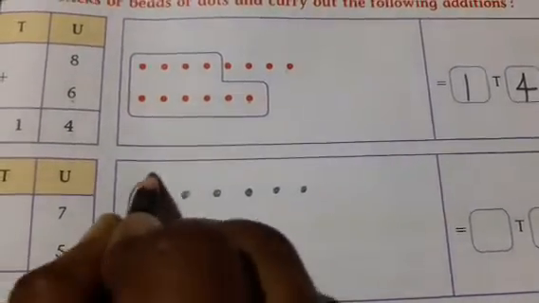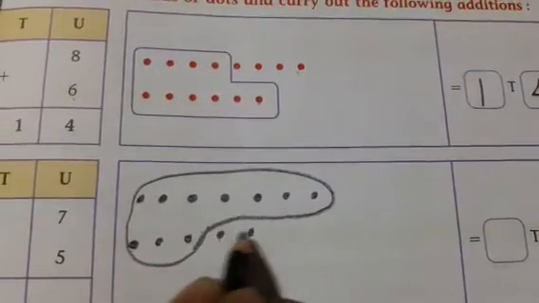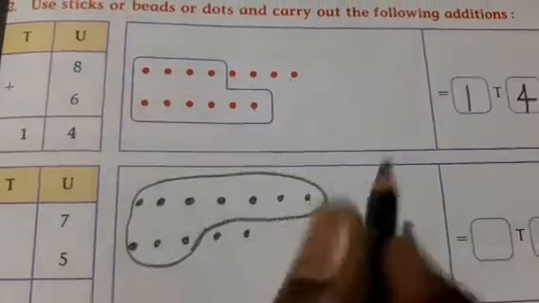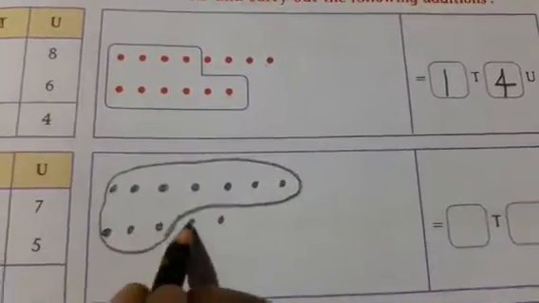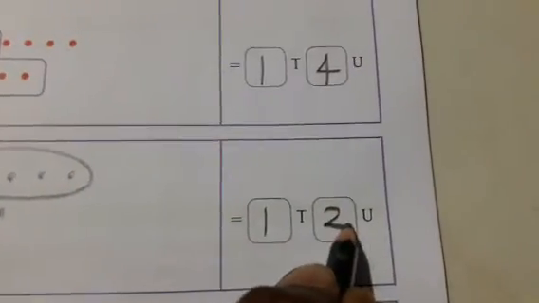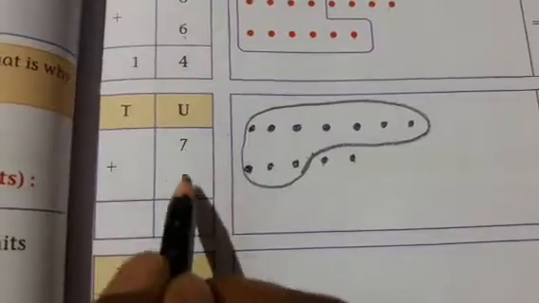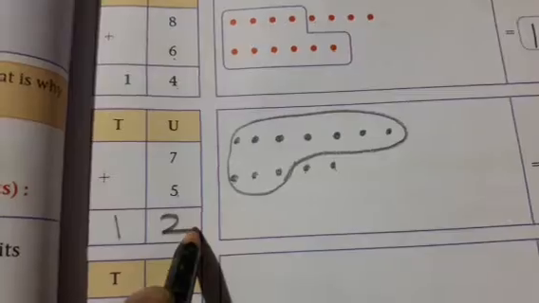Means these are the group of 10. Means 1 ten and 2 units. After 7, 8, 9, 10, 11, 12. Means 7 plus 5 is equal to 12. Means 1 ten and 2 units.